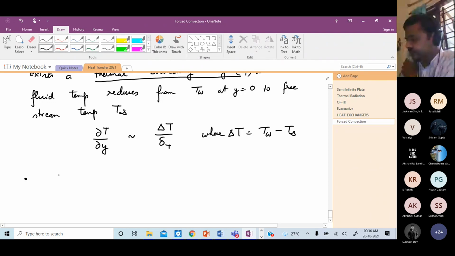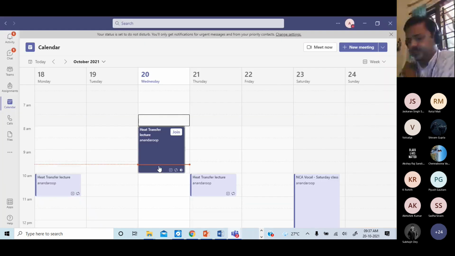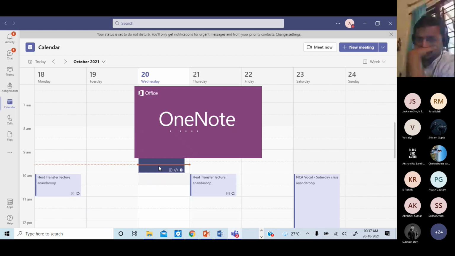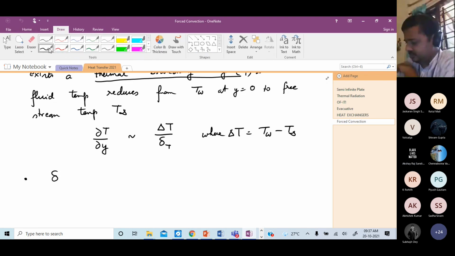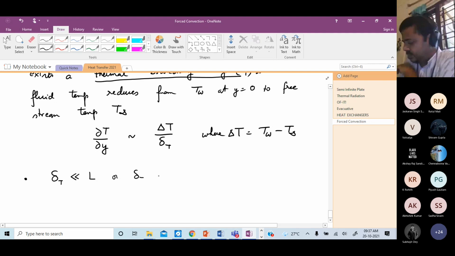Delta T, what are those assumptions? Delta T is much, much lesser than L, or at any point delta T at x.